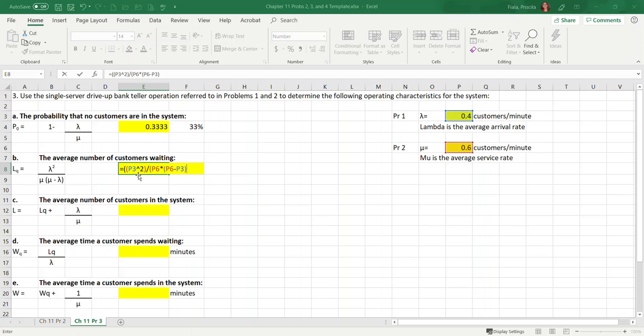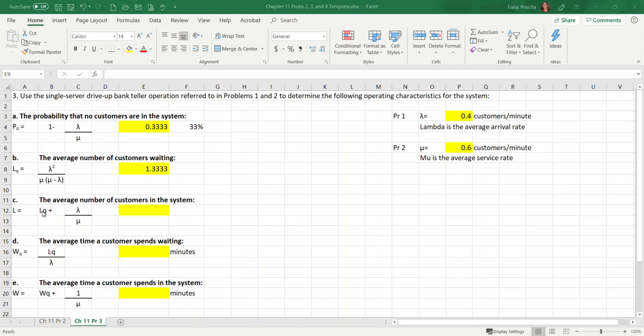All I'm doing is looking at the formula here. This is my arrival rate right here. Lambda is the average arrival rate and mu is the average service rate. So I'm just looking at the symbols and clicking on the values. Let me close, and not sure if I'm missing a parenthesis. Yes, that looks right.